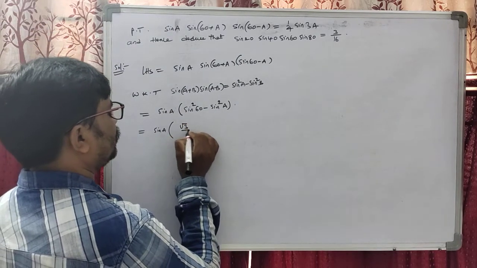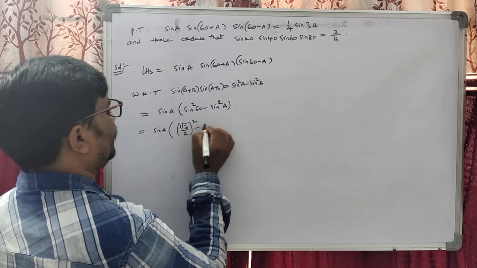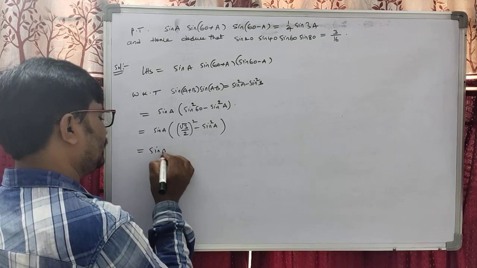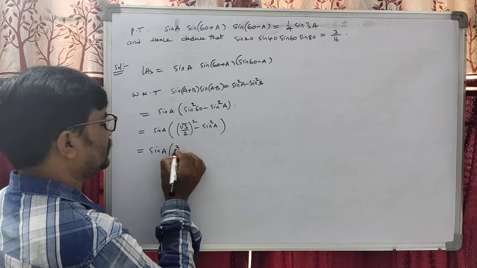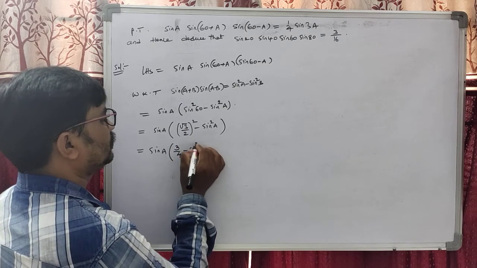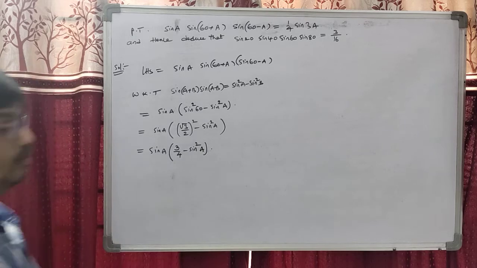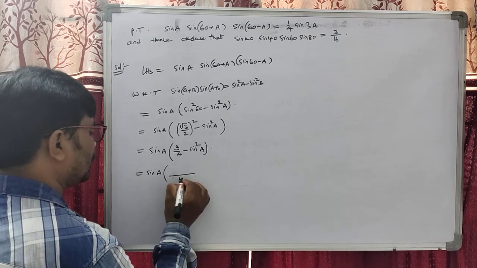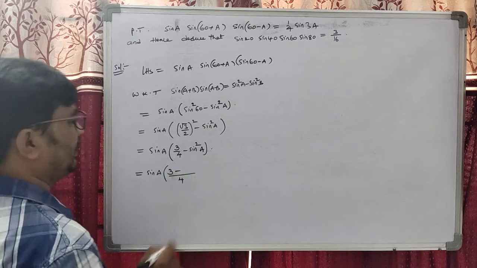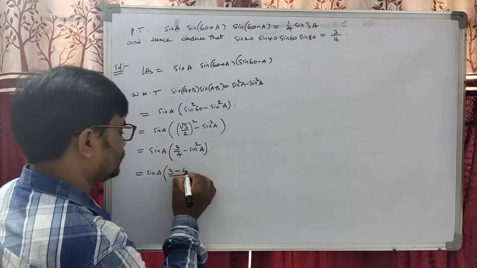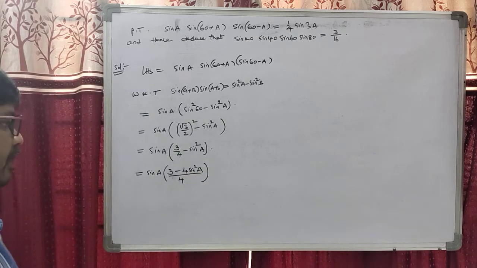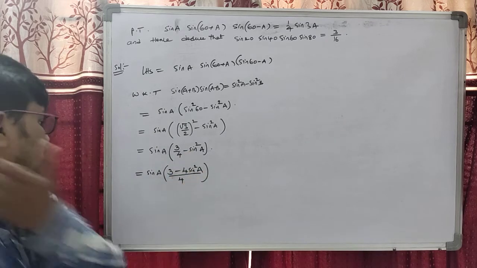So root of 3 by 2 whole square minus sine square A. We can write this as 3 by 4 minus sine square A. So now students, we can write as sine A. 4 is the LCM. 3 minus 4 sine square A. So dear students, this can be written as 3 minus 4 sine square A.